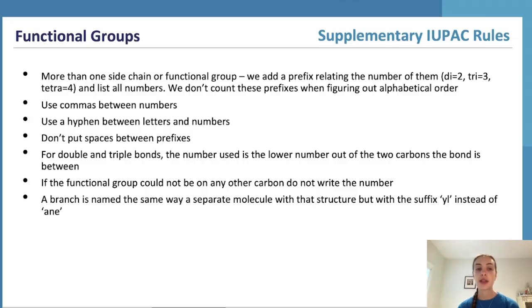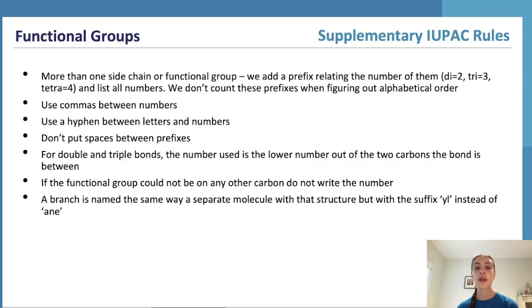If there are 2 of a particular functional group, we use di, for 3, tri, for 4, tetra, etc., depending on how many there are, and then list all the numbers of where they are located. So if you have a methyl group on the second carbon and a methyl group on the third carbon, you'd say it's a 2,3 dimethyl at the beginning.